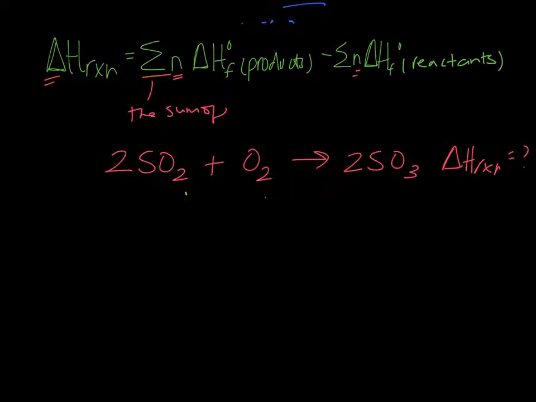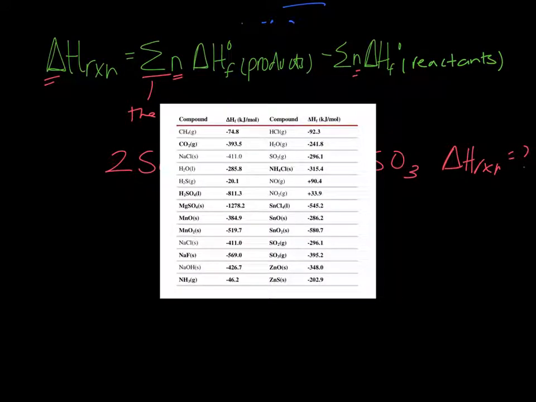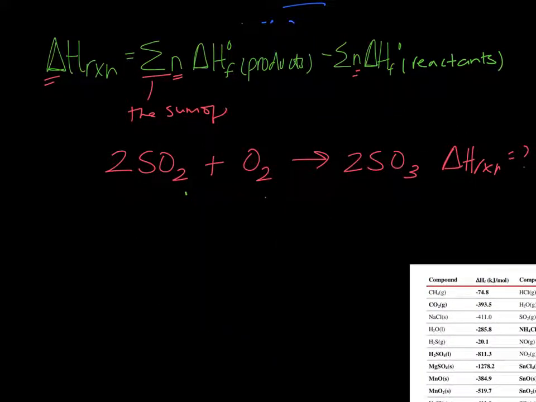So SO3 we found to be negative 395.2 kilojoules per mole.